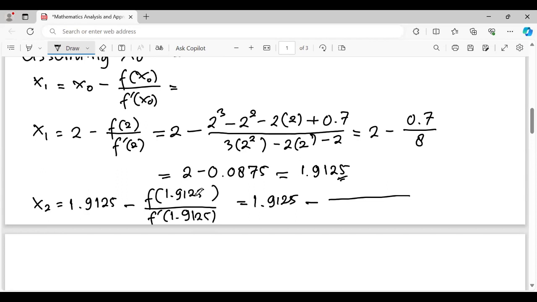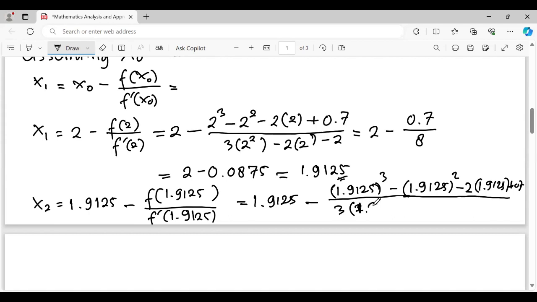I have calculated it similarly: 1.9125 cubed minus 1.9125 squared minus 2 times 1.9125 plus 0.7, over 3 times 1.9125 squared minus 2 times 1.9125 minus 2.